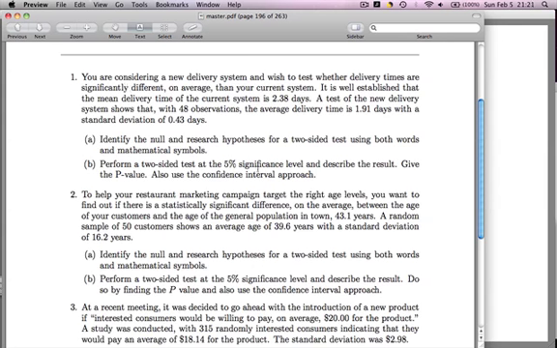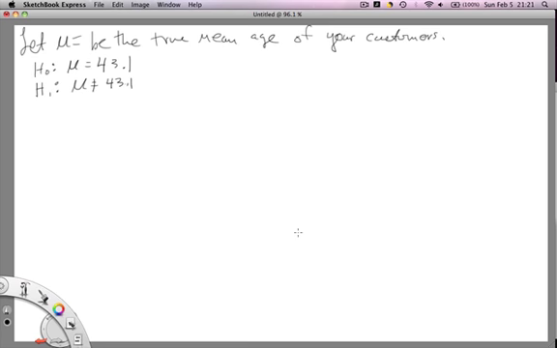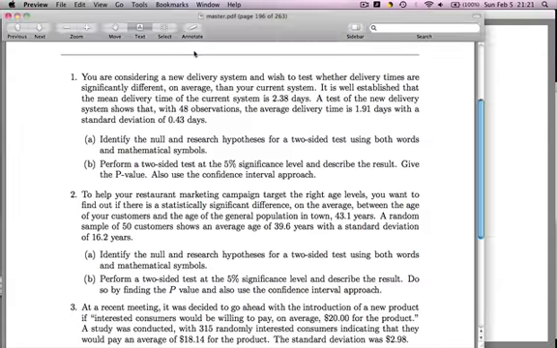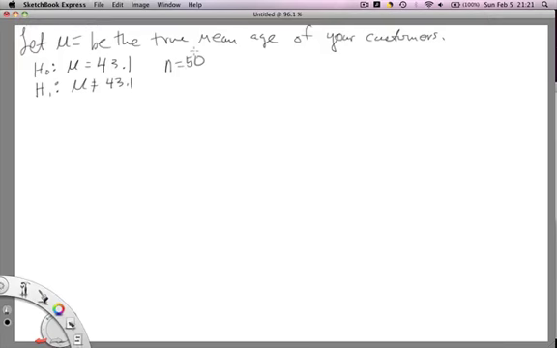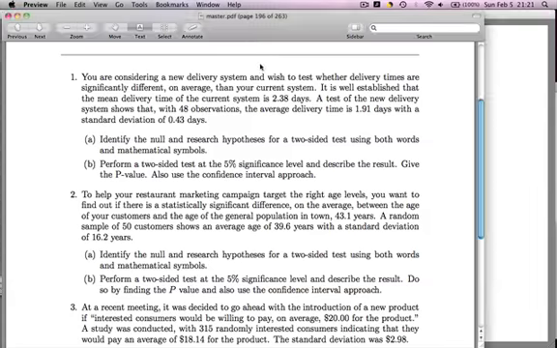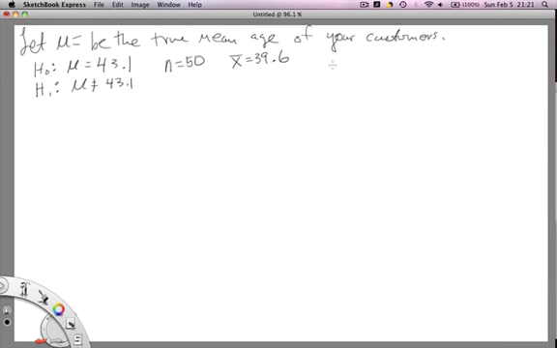Having stated our null and alternative, now we can go look at the data. We go off, we draw a random sample of 50 customers. So might as well go write that down. We have an n of 50. Shows that the average age is 39.6. So x bar is 39.6. And the standard deviation is 16.2.